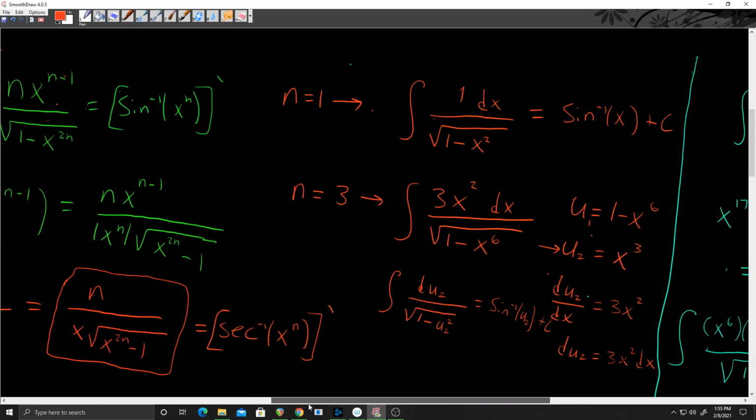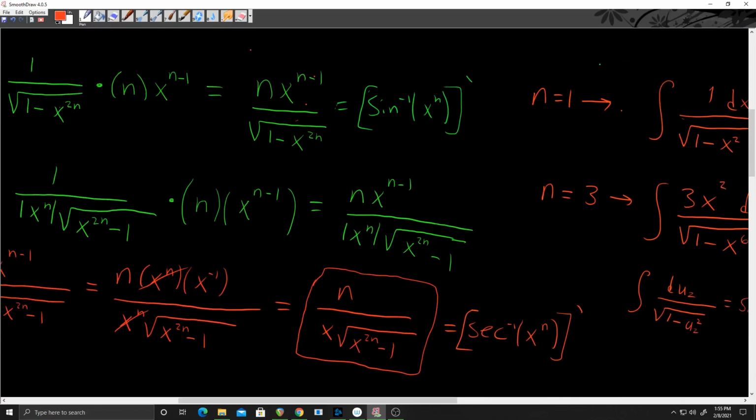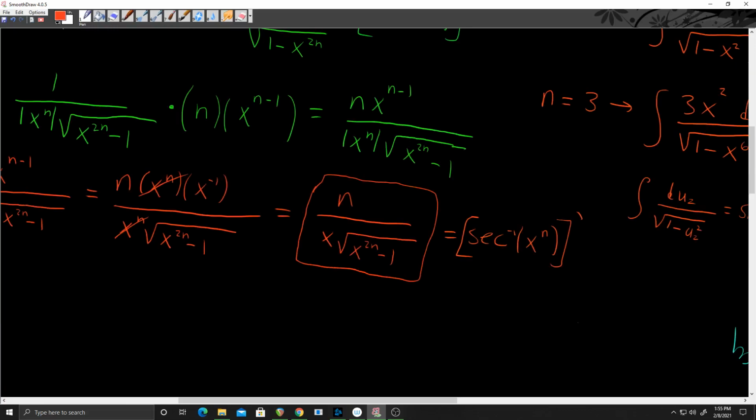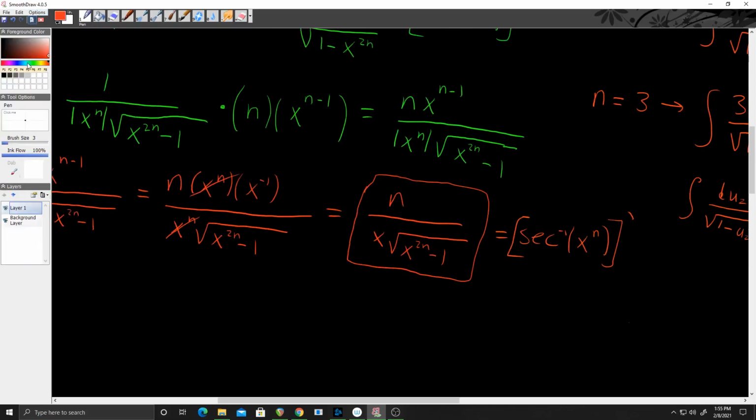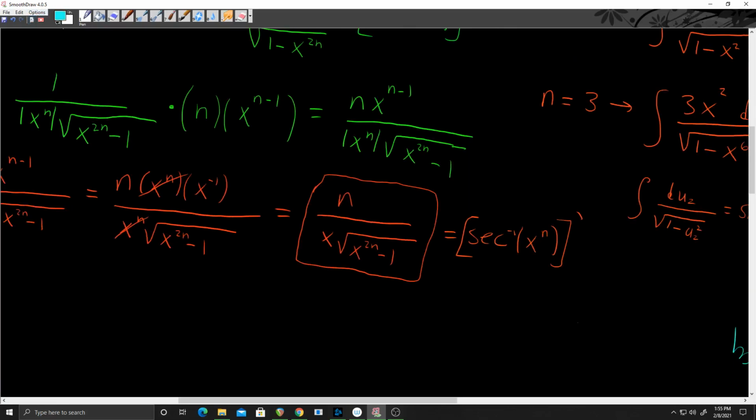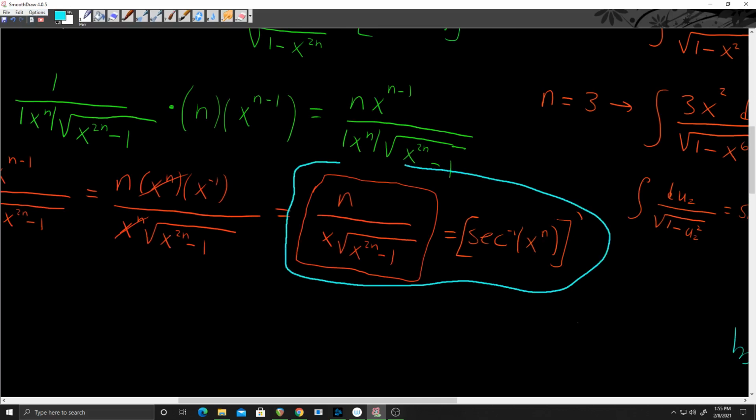And the other thing that I wanted to point out here is about the inverse secant. What this is telling us is that no matter what the power is on an inverse secant type integral, we are always going to have a lone x down here.